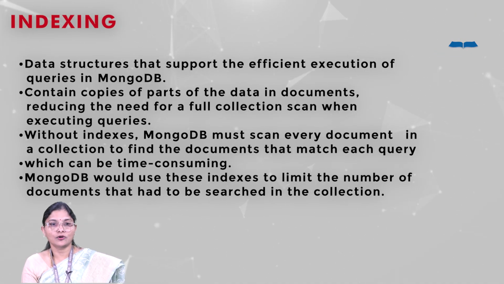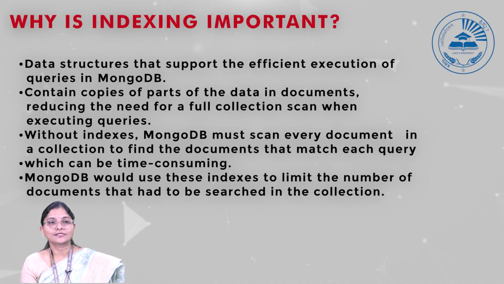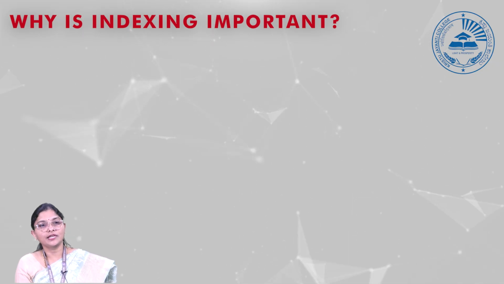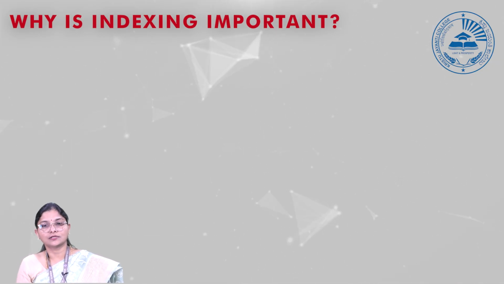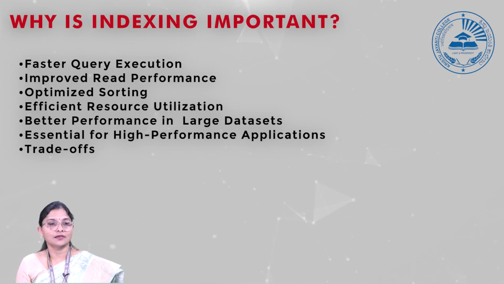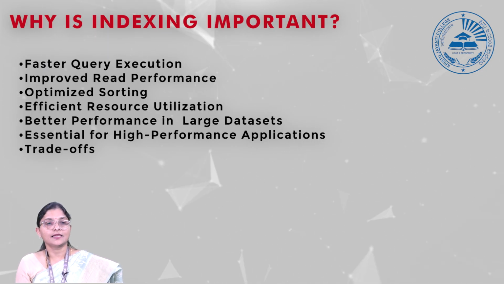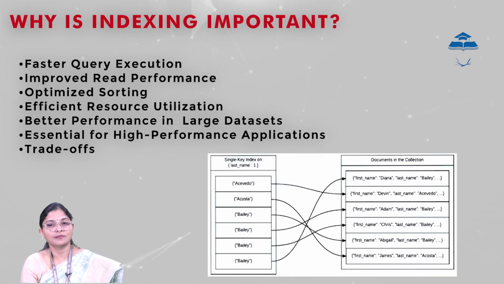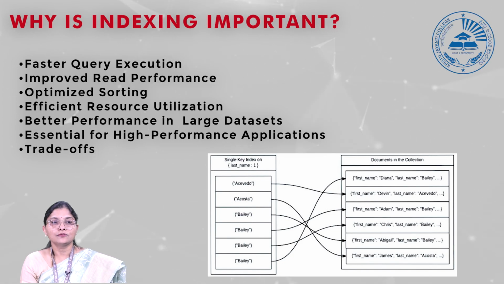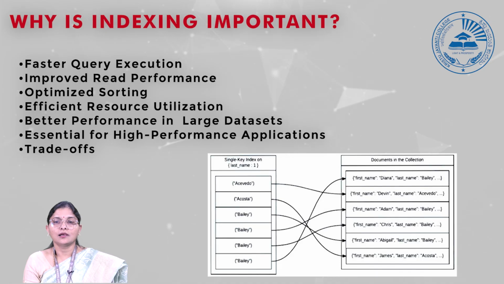Why is indexing important? For faster query execution, improved read performance, optimized sorting, efficient resource utilization, better performance in large data sets, and it is essential for high performance applications, with some trade-offs. Without indexes, MongoDB has to perform a collection scan, meaning it checks every document to find a match.